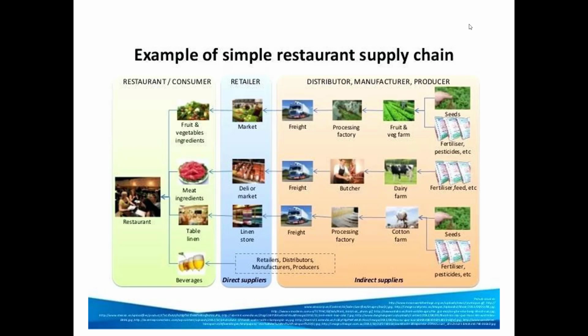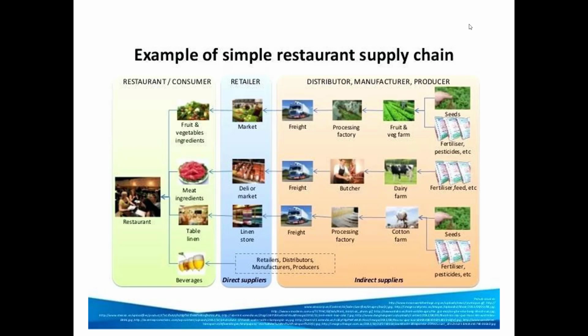Then things are cultivated, things are grown, whether it's a fruit and vegetable farm, a dairy farm, and then those things go to get processed, the butchers and people who are agricultural workers who pick the fruit and the veggies and then freight, whether it's by truck for the most part, train, even boat, but mostly by truck. And then it goes to a variety of other segments, right? Whether it's a deli, whether it's a grocery store. And then ultimately all those components make their way to a restaurant, right?